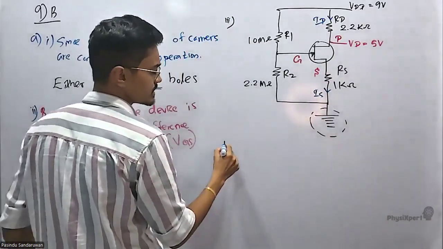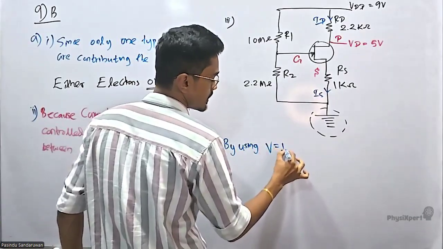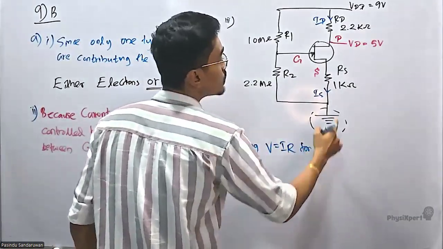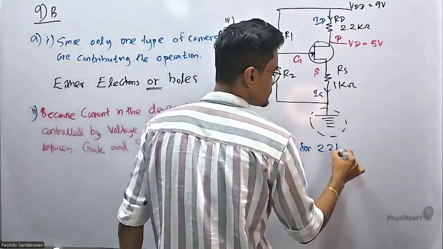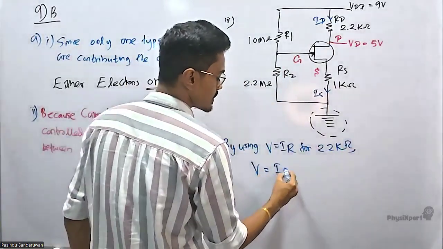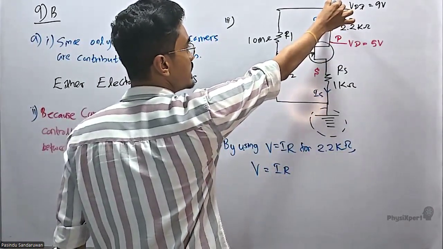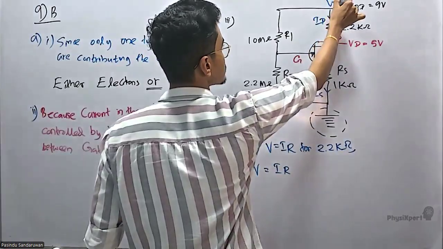See, very easy. By using V equals IR for 2.2 kilo ohms. V is the voltage difference. If this is VDD, we know this point is also VDD, up to here.